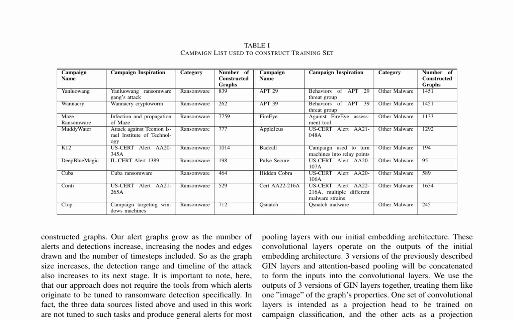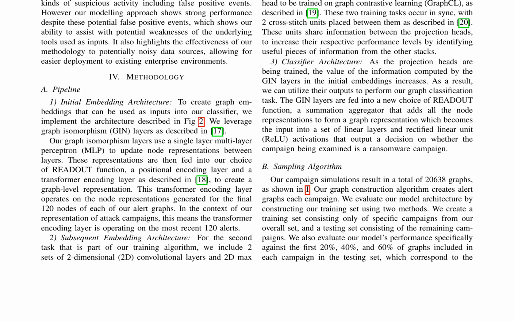The initial embedding architecture utilizes graph isomorphism (GIN) layers to update node representations and a transformer encoding layer to create a graph-level representation. For the subsequent embedding architecture, two sets of 2D convolutional layers and max pooling layers are added to the initial embedding architecture. These layers operate on the outputs of the initial embedding architecture and are used for campaign classification and graph contrastive learning (GraphCL).